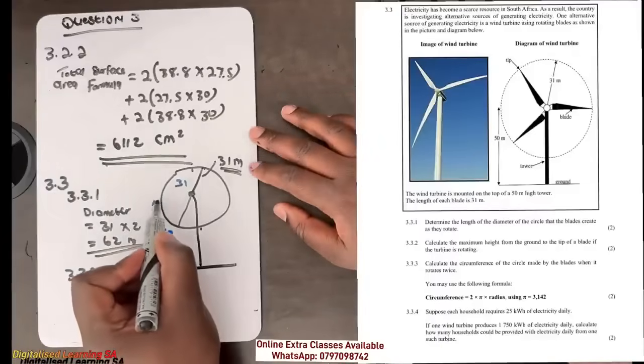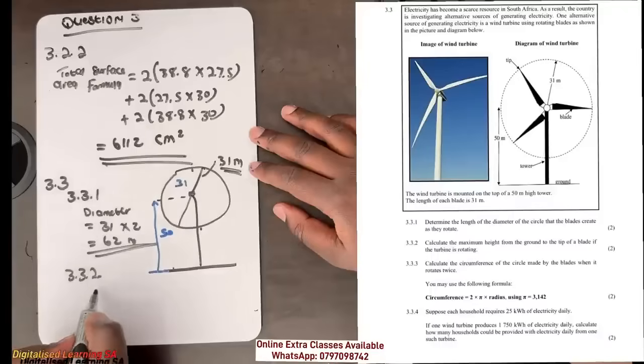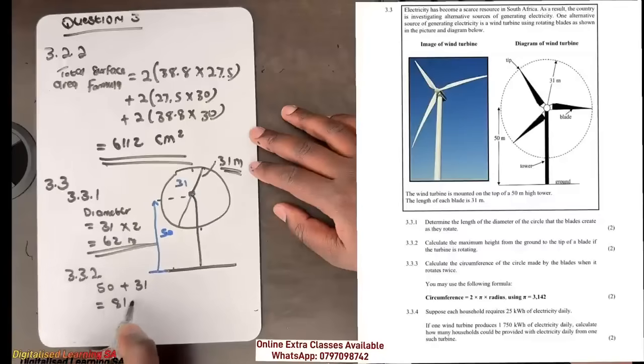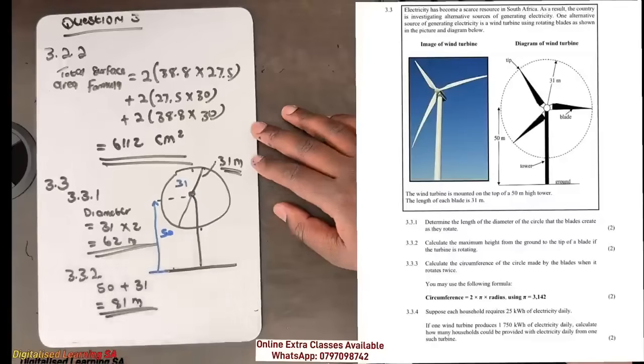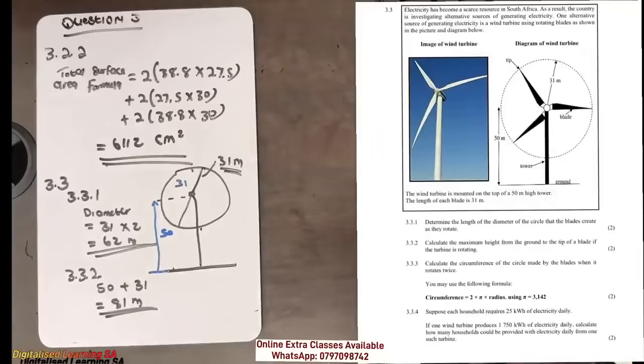Our answer will be 50 plus 31, which is 81 meters. And then we are done. Straight to the point.